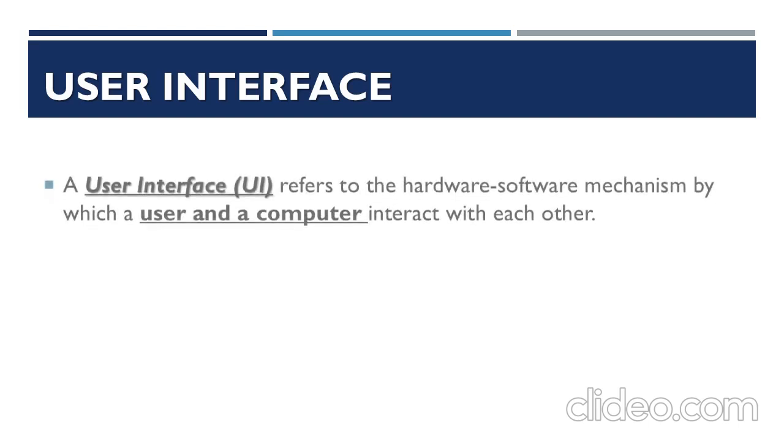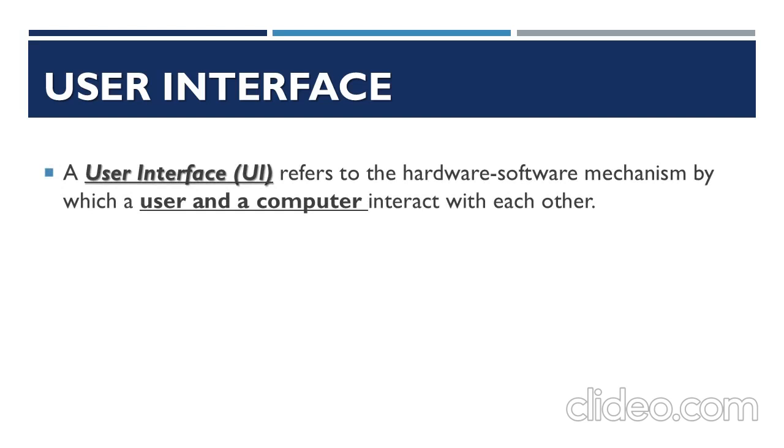So it helps the user to interact with the computer. The user interface or UI refers to the hardware-software mechanism by which a user and a computer interact with each other. So today's class will see in detail about this user interface.